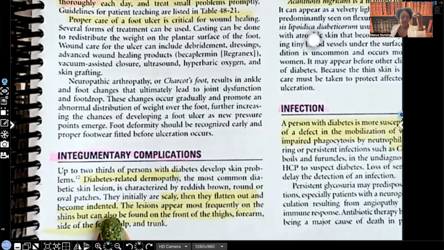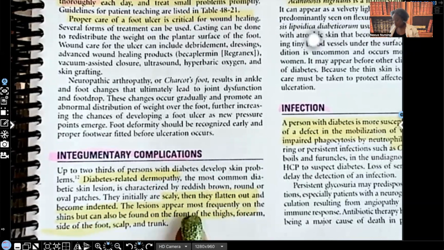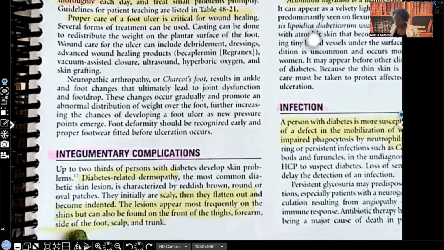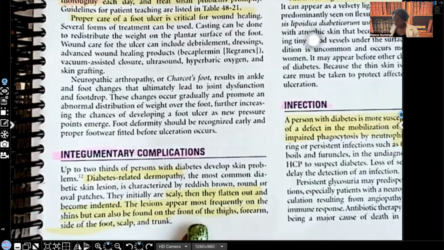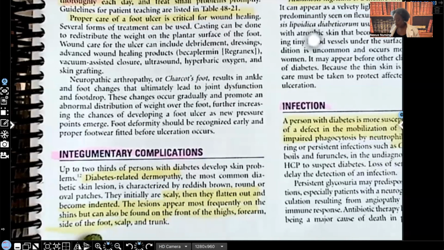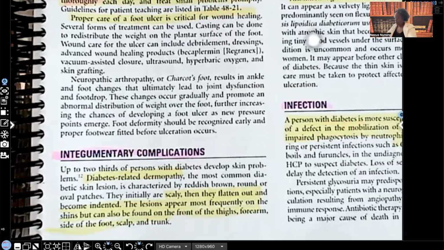We tend to see these skin lesions in the patient with diabetes, and they tend to be reddish brown patches. They appear most frequently on the shins, but they can be found on the front of the thighs, the forearm, the side of the foot, the scalp, and the trunk.